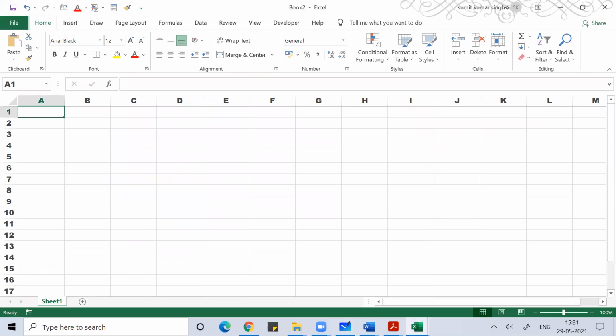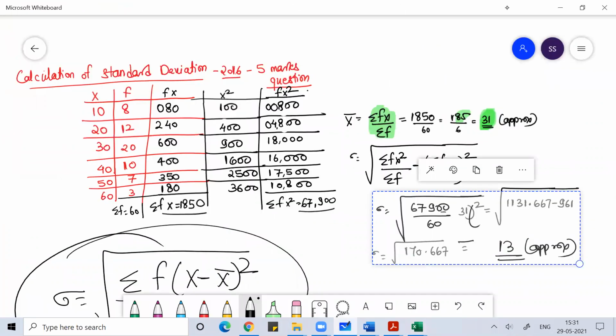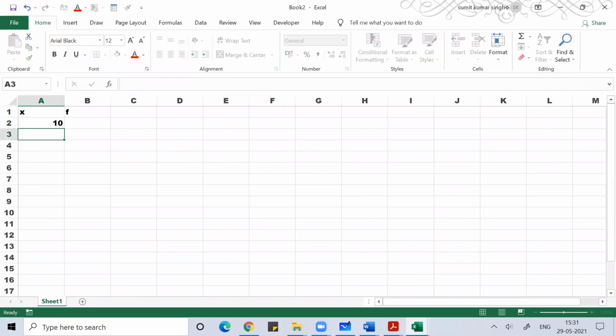So in MS Excel, this I'm just doing to save your time. You can refer to this for your reference. You have a calculator with you, you can use a calculator. Your x values are 10, 20, 30, 40, 50, 60.